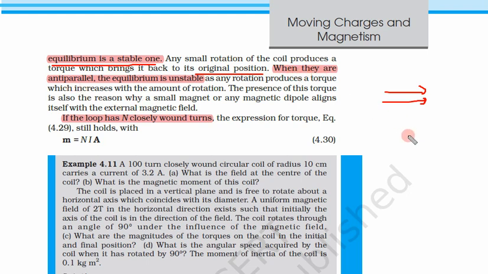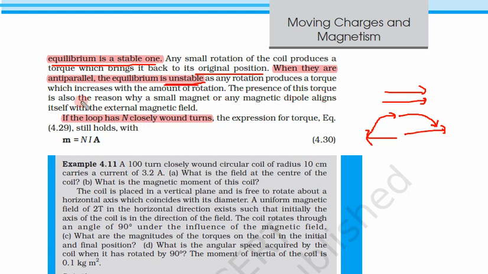When they are anti-parallel, that means the magnetic field is in this direction and the magnetic moment is in this direction, the equilibrium is unstable. Any rotation produces a torque which increases with the amount of rotation. So if we disturb this a little bit, there will be a huge torque which will keep on increasing till it gets back to the stable point.